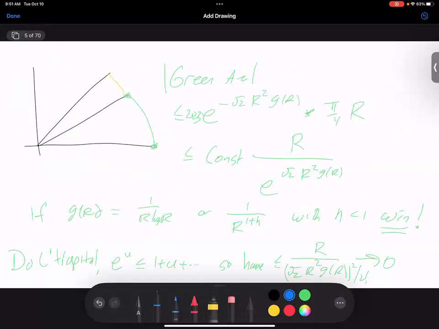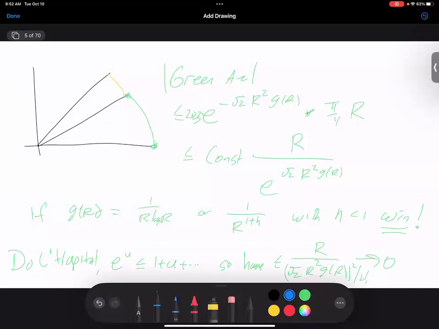It's going to be really hard for r squared g of r. We're not going to have g of r of size 1 over r squared. Now, if we did do that, that would give us a really short arc, and then we'd be fine. But if g of r was as large as 1 over r squared, we'd be in trouble. If g of r was of size log r over r squared, ooh, now it's really close.